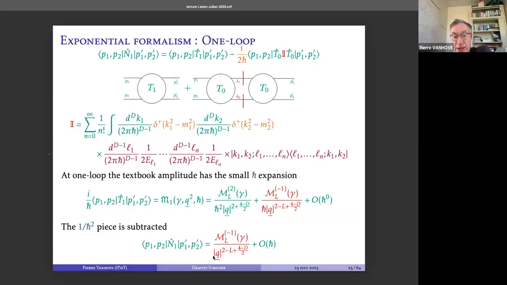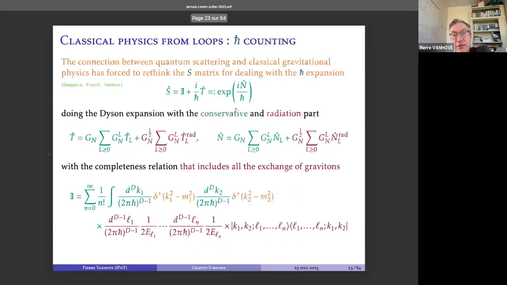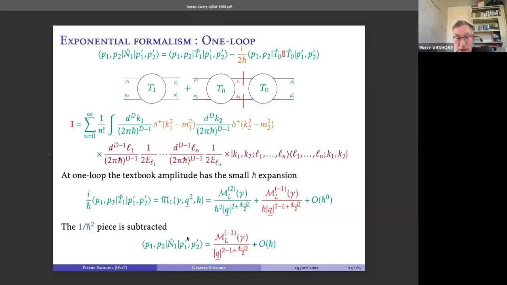So there is no h bar here, because I put the h bar here. So in the exponential, I have i n hat over h bar in the same way that I have i t over h bar. So this normally starts as something of order 0 in h bar plus corrections in h bar.